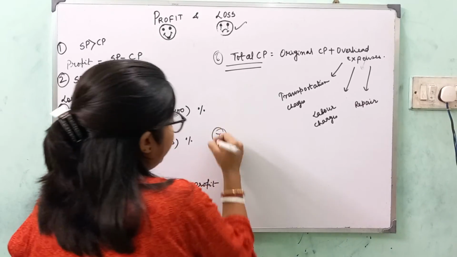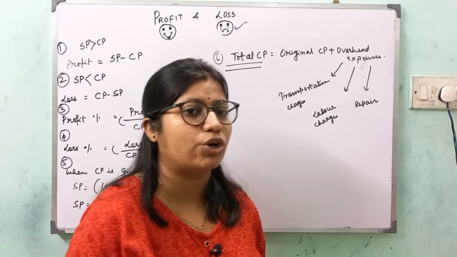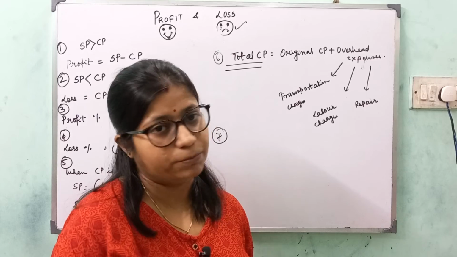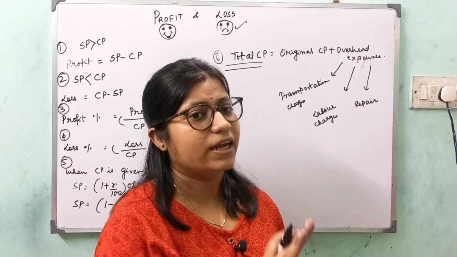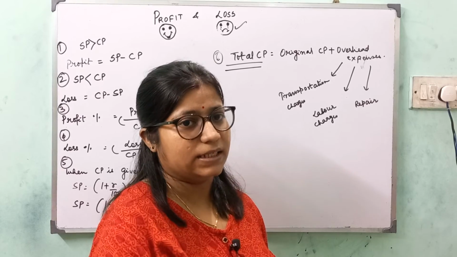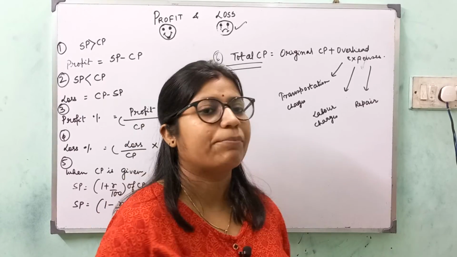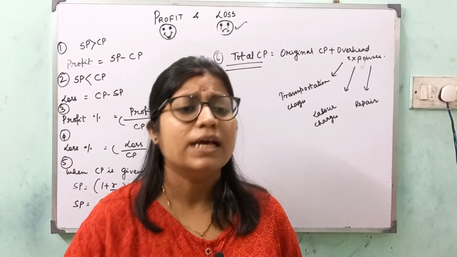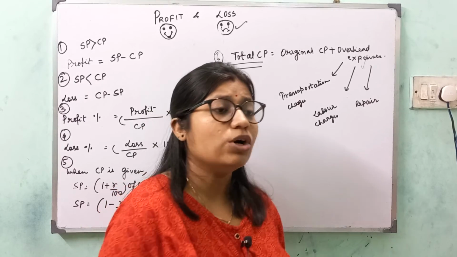Also, seventh, remember, whenever you are calculating the loss and profit, please make sure you have the cost price and selling price for an equal number of objects. If you have the cost price of n articles, make sure you find out the selling price of n articles. If it is not mentioned directly in the question, and the selling price and cost price of different numbers of articles are given, then you have to bring them down to a common number of articles in order to calculate.